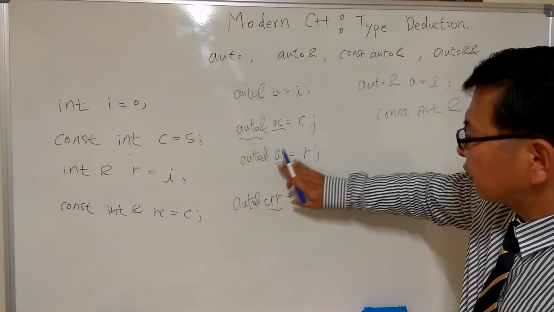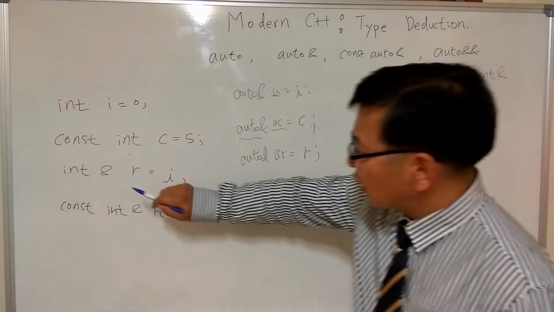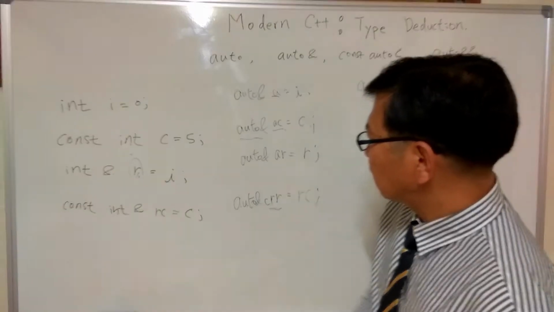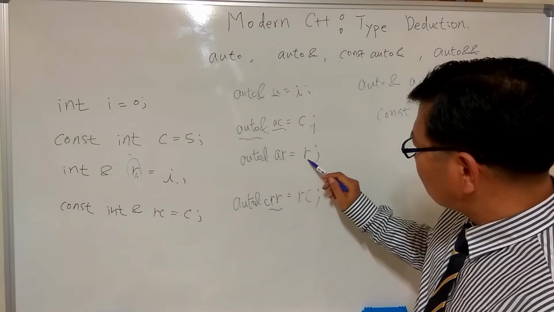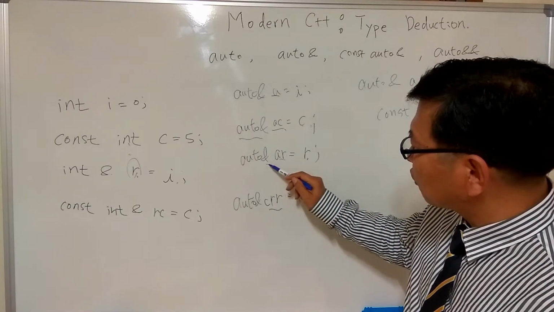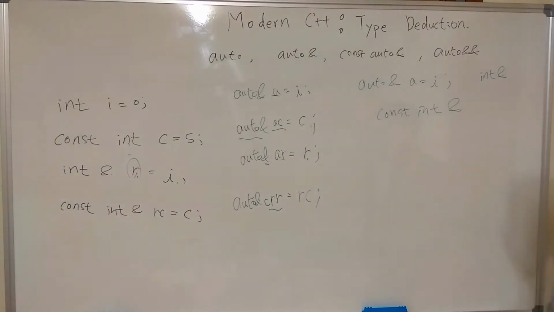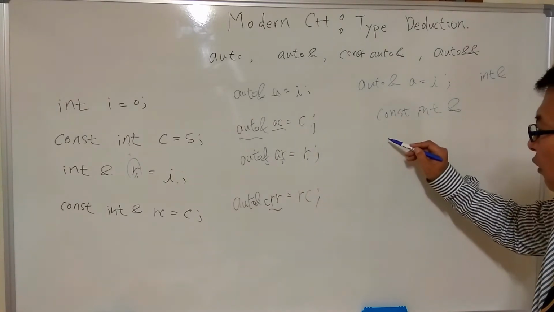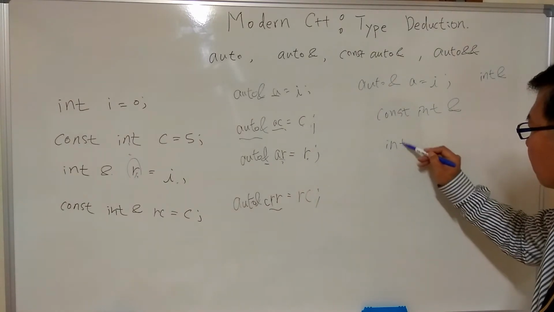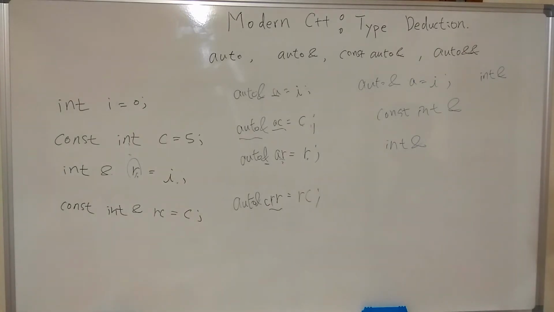And here, now see, R is a reference, and AR is declared auto reference. We applied reference. What will be AR's type? AR's type will be int reference.